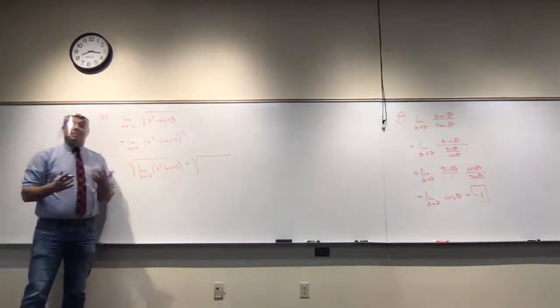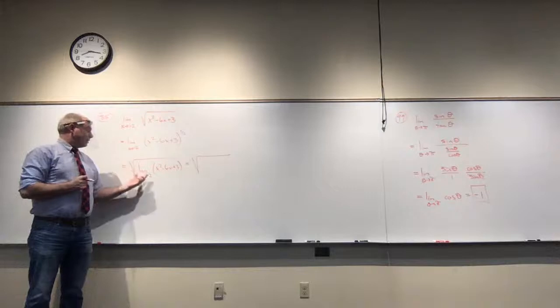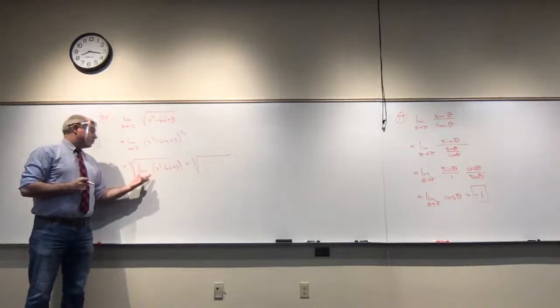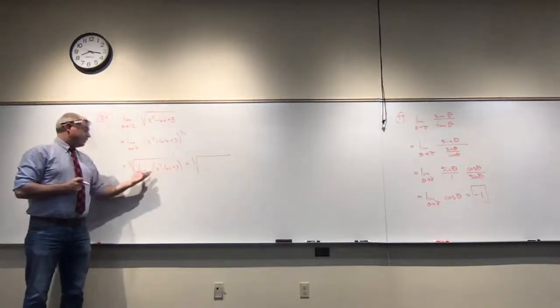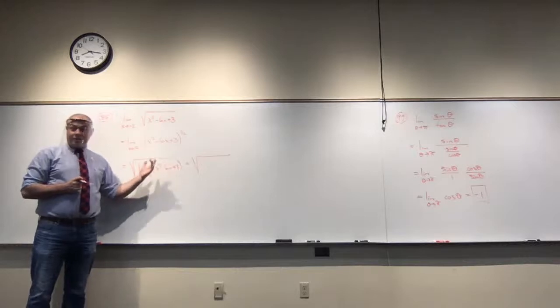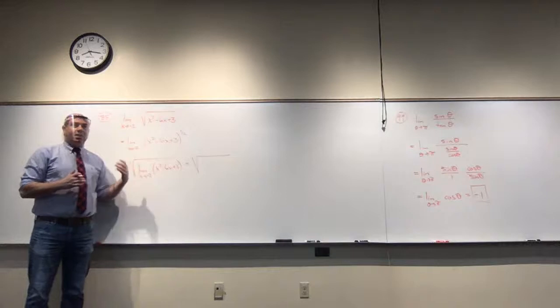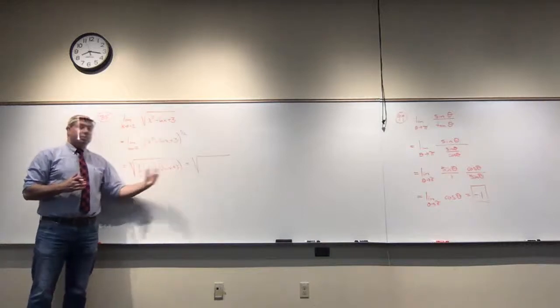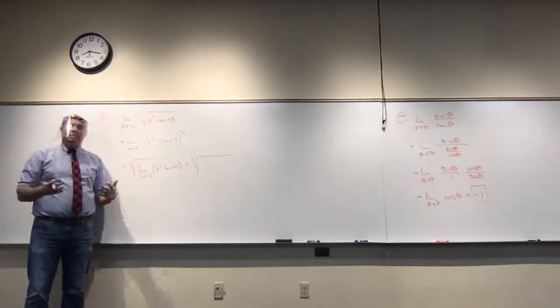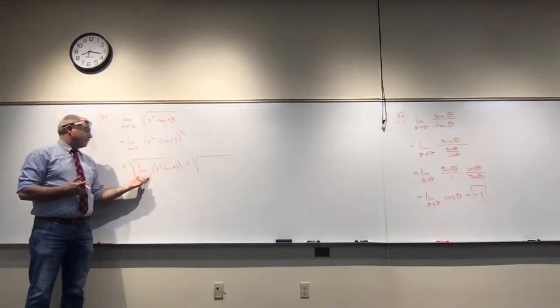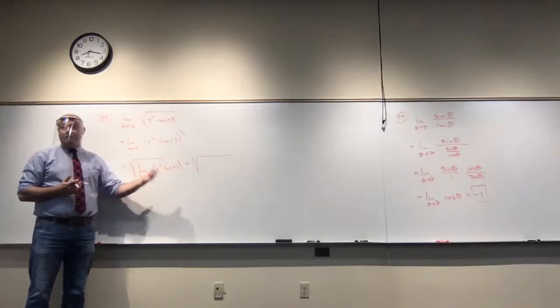Really, the limit laws tell me a lot more than that. The limit laws say I can distribute this limit over this triple addition, but I don't want to go through and write limit. We get the idea. This is a polynomial. Polynomials are nice in that if I'm taking the limit of a polynomial, I just have to plug in the number.